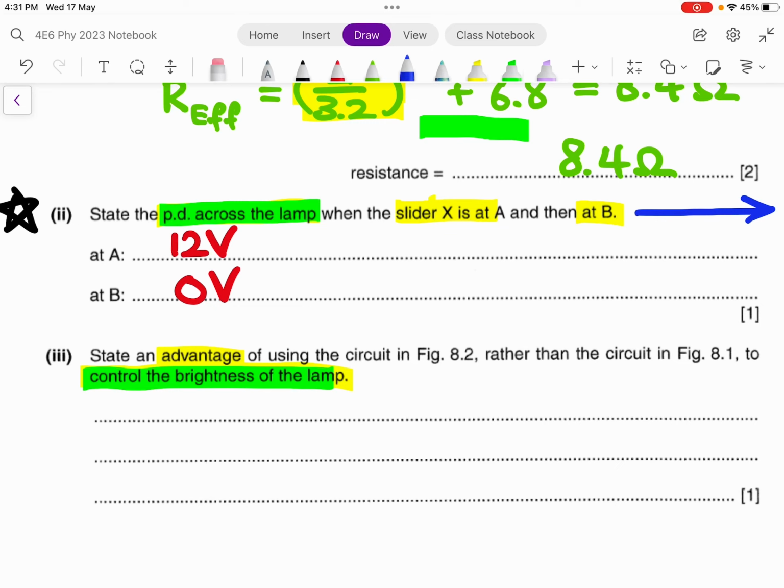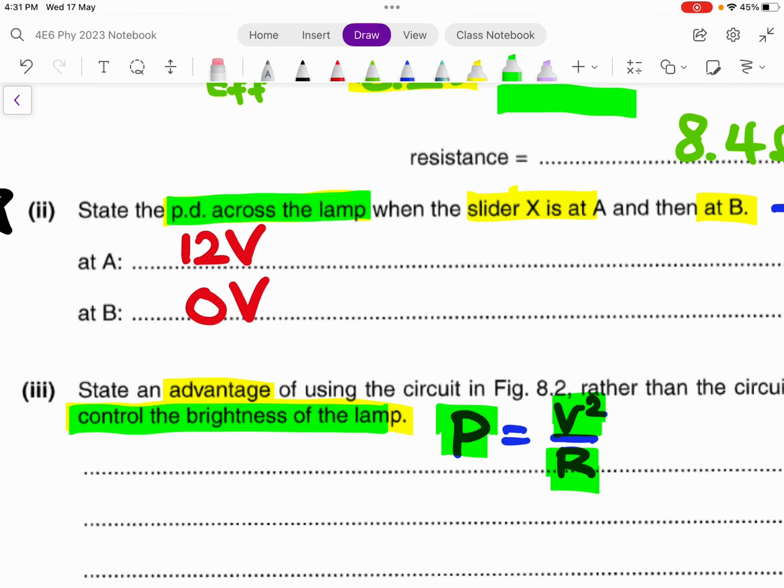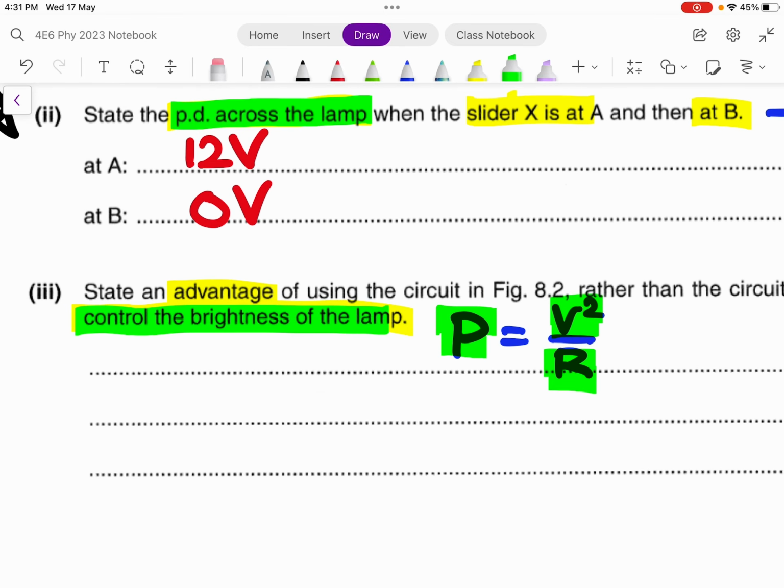Because I know that the brightness can be given by V squared over R. So if I want to control the brightness, the R of the light bulb is constant, I just need to control the V. How come the last question, without reason, asks me to find voltage? Then now in the second part, it asks me to comment on the control of brightness of the lamp.